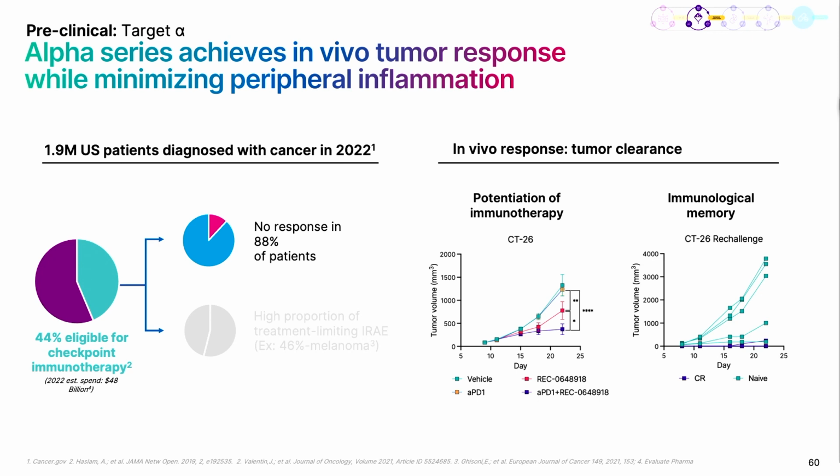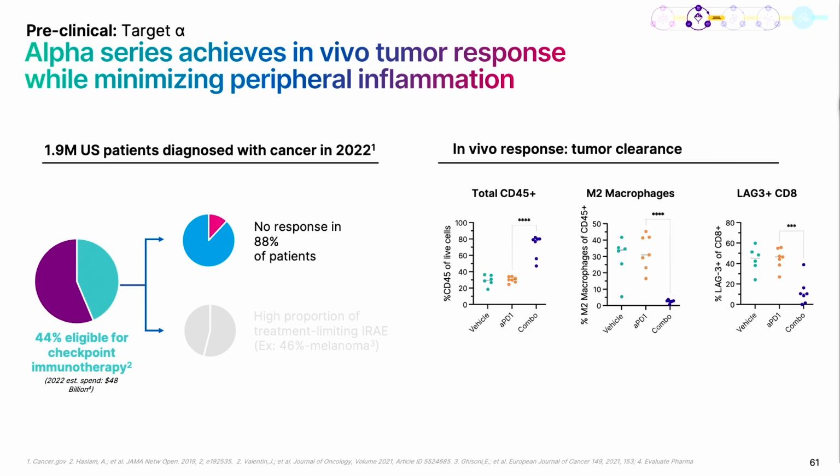For this combination, we saw upwards of 40% complete responses. When we took those 40% complete responders, we re-challenged them. We saw that 3 of the 4 had no tumor regrowth, suggesting immunological memory. So this is looking pretty good.